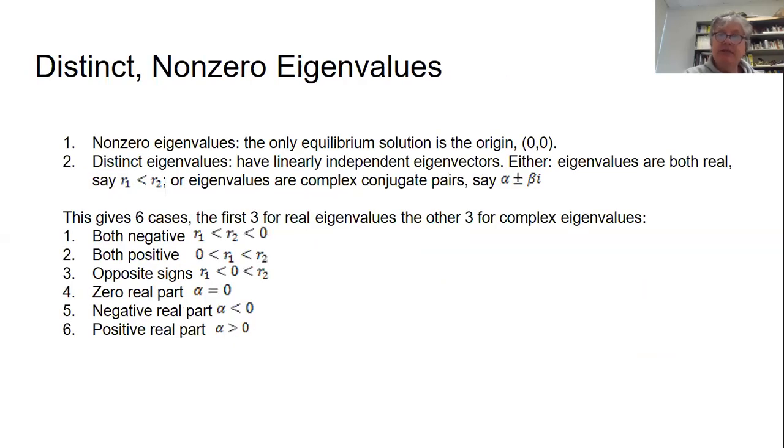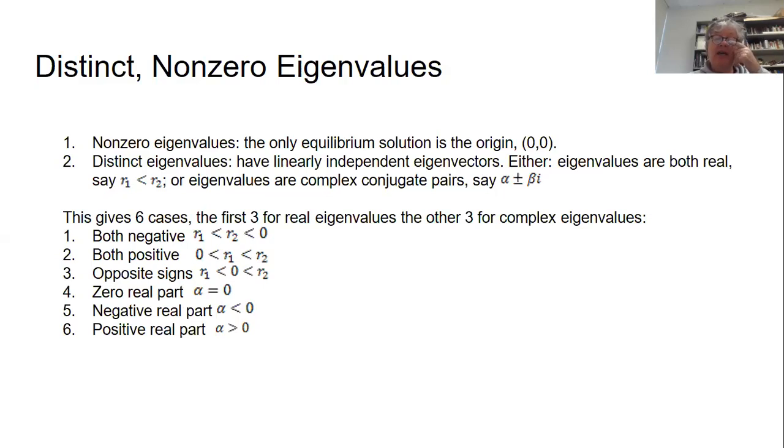So today we're looking at a case where we've got distinct non-zero eigenvalues. Now the reason why we want non-zero eigenvalues is that it means the only equilibrium solution is the origin, 0, 0.